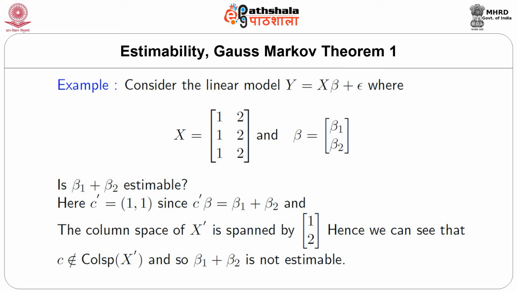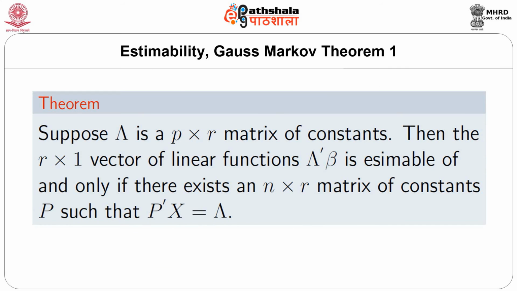The column space of X transpose is spanned by just one vector, 1 2, because all the rows of X are the same, 1 2. Hence we can see that C does not belong to the column space of X transpose, and so beta 1 plus beta 2 is not estimable.